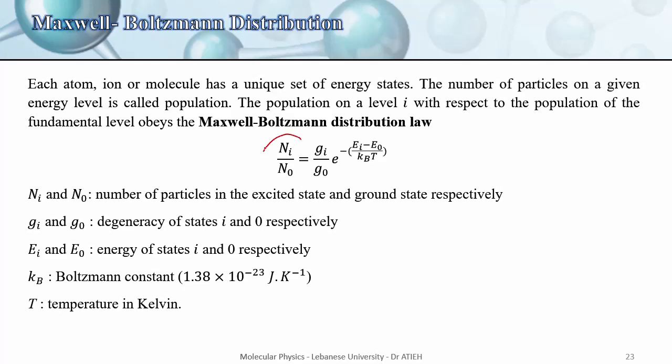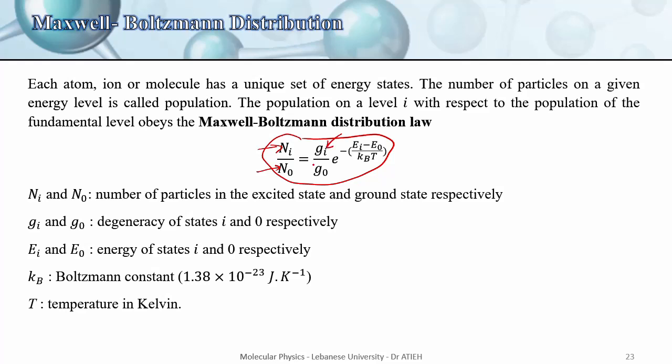Ni over N0 equals Gi over G0 times exponential of minus (Ei minus E0) over kBT. Ni is the number of particles in a certain state i. N0 is the number of particles in the ground state.